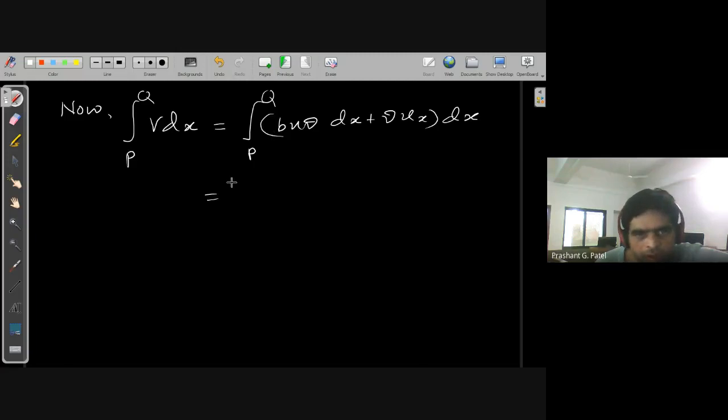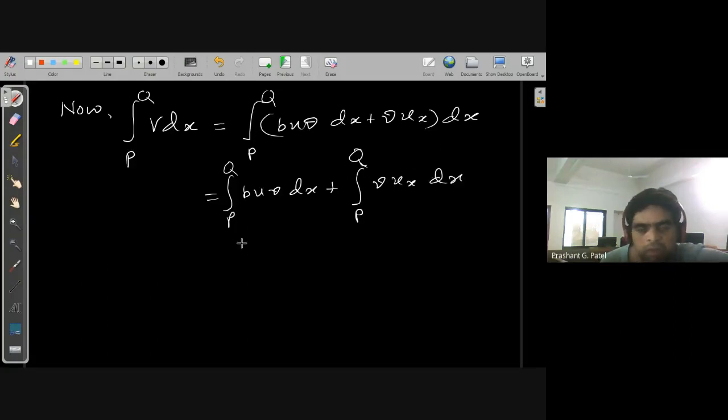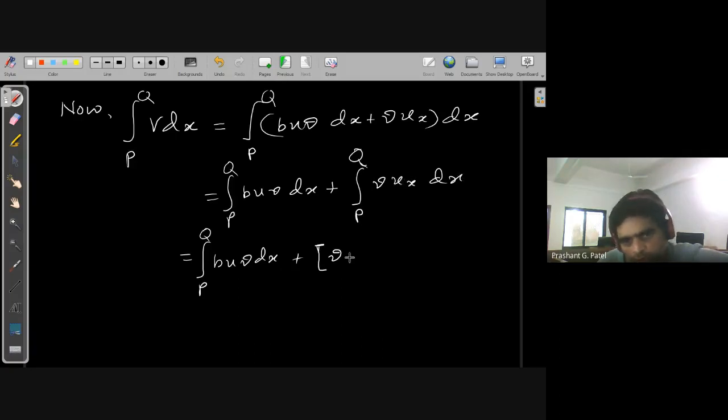Now here the first quantity I will write as it is. In the second quantity, we'll use integration by parts. So the first one is as it is. Here we'll use integration by parts, by taking v as it is; the integration of ux with respect to x will give me u.